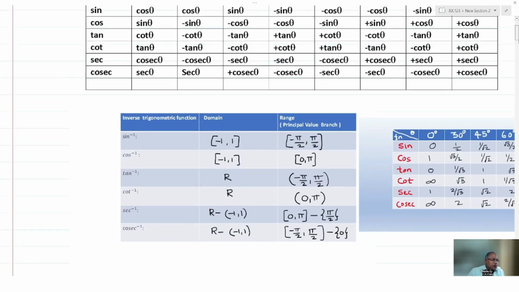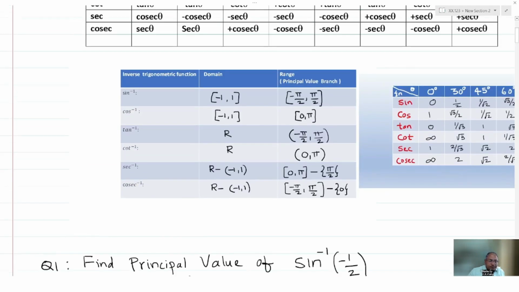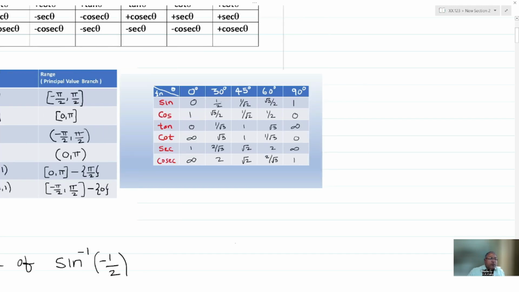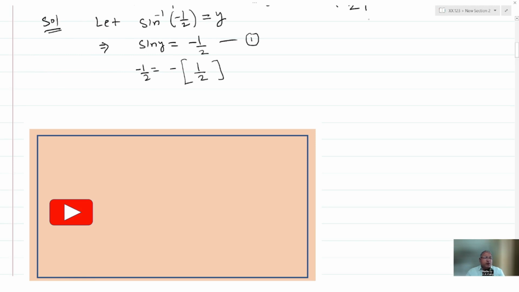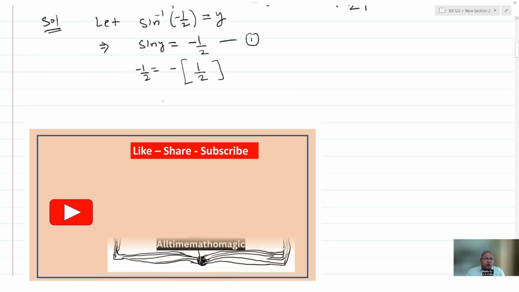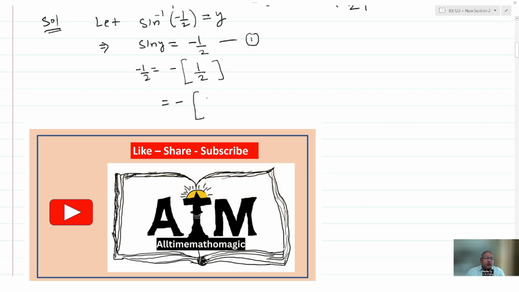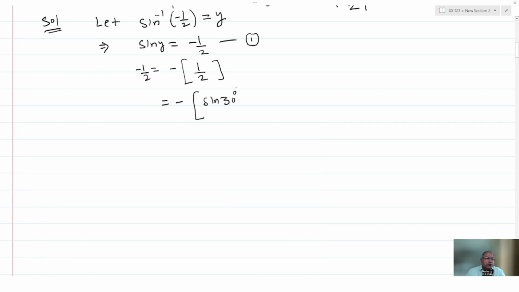In this trigonometry table, we have sine 30 degrees equals 1 by 2. So now you go back to that step, and in place of this 1 by 2, you write sine 30, because sine 30 is 1 by 2. 30 degrees can also be written as pi by 6, so it is sine pi by 6.